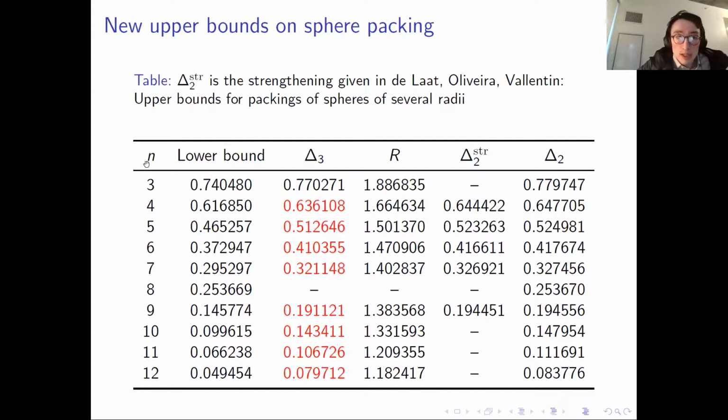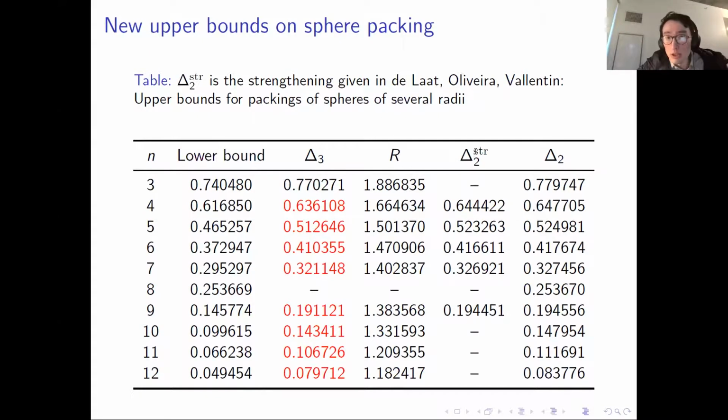As far as this table goes, the dimensions that we're working in are 3 through 12. And the next column is the best known lower bounds on sphere packing in those dimensions. The rightmost two columns are, so delta 2 is the upper bound given by the Cohn-Elkies linear programming bound.